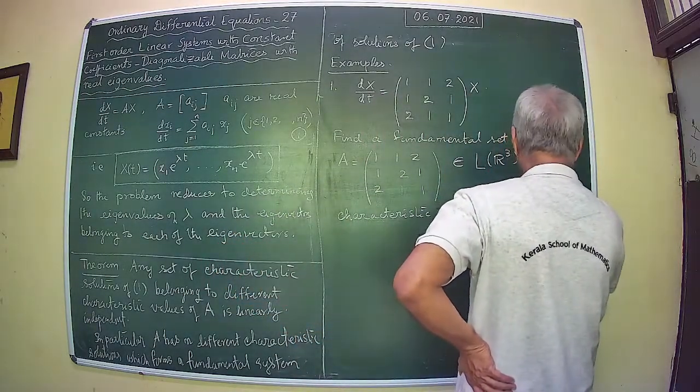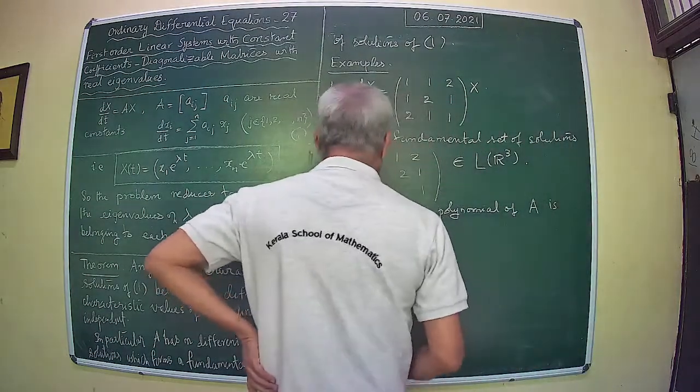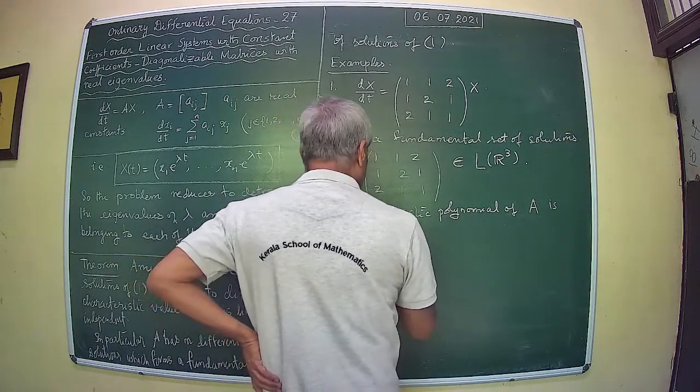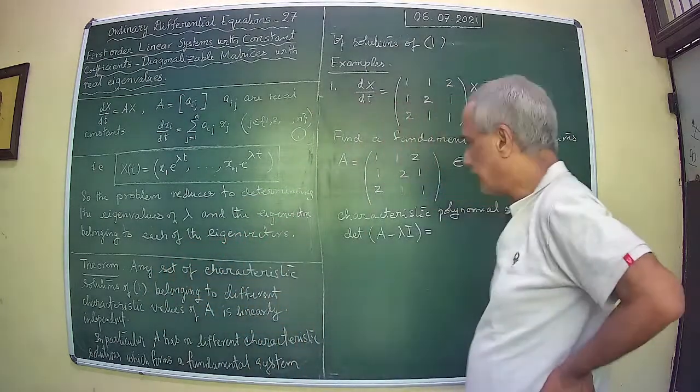So what is the characteristic polynomial of A? It is given by the determinant of A minus lambda I, which in this case you can work it out.